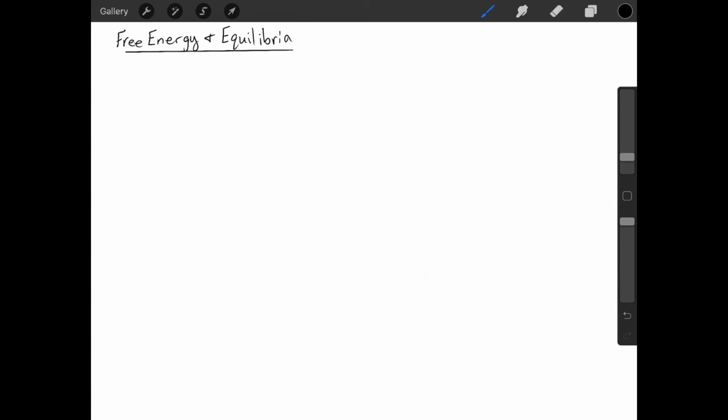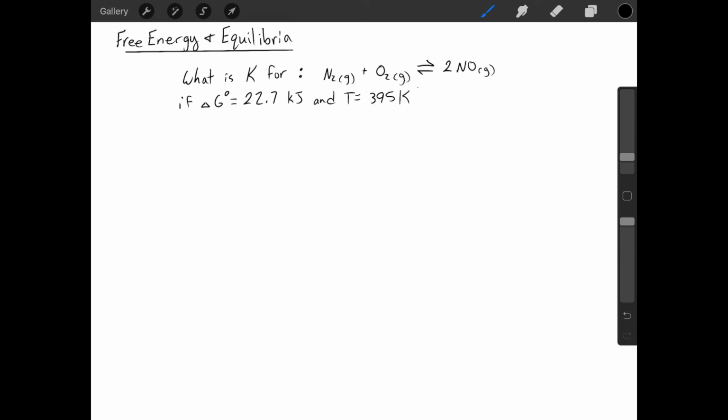And now we can put this into practice and answer a couple of example questions. If we're given a reaction and then a delta G naught and a temperature, we can find the equilibrium constant for that reaction under those conditions.